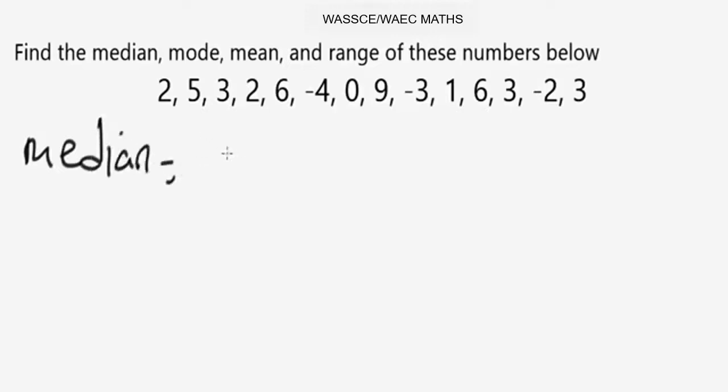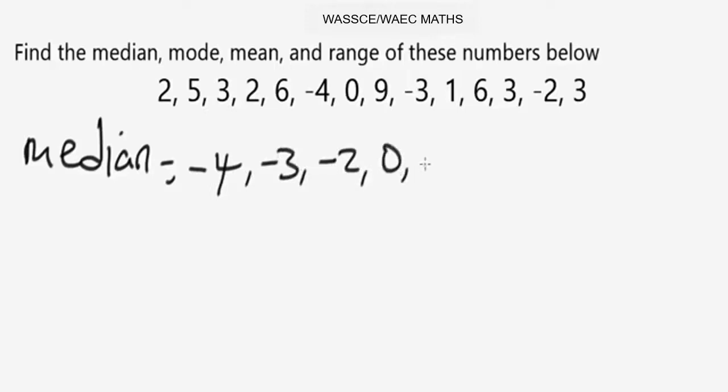For the median, which is the middle number, we need to arrange these values in ascending order. You can do it in ascending order or descending order, but oftentimes it's done in ascending order. So when you do it, you're going to have -4, -3, -2, and no -1.